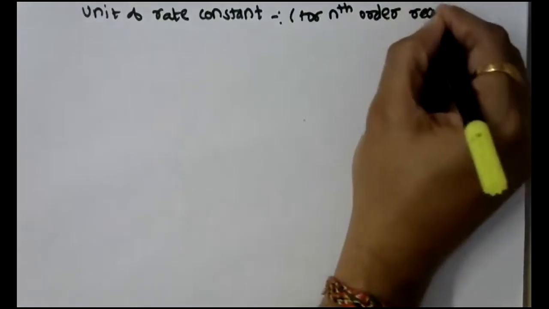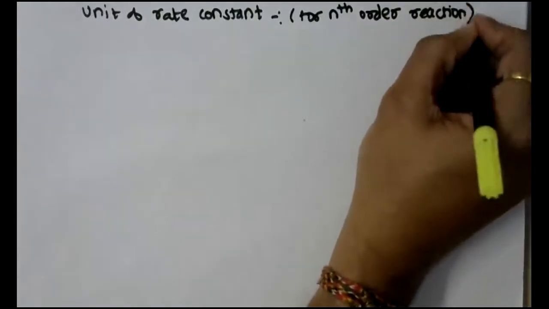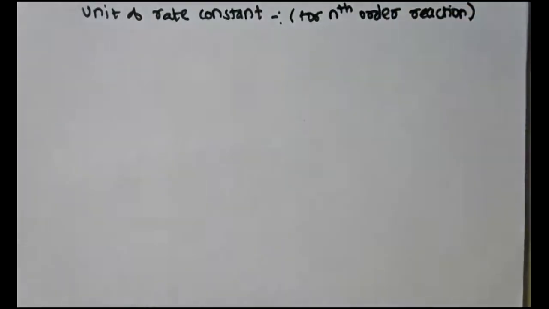Once this formula is known, even by observing the unit of rate constant, you can decide what is the order of reaction. That we will see once the derivation of the unit of rate constant is done, right?